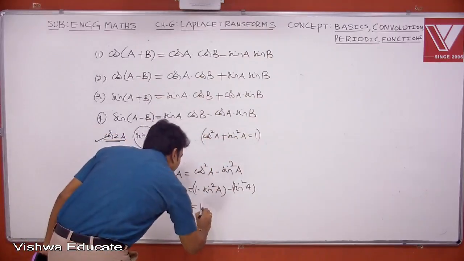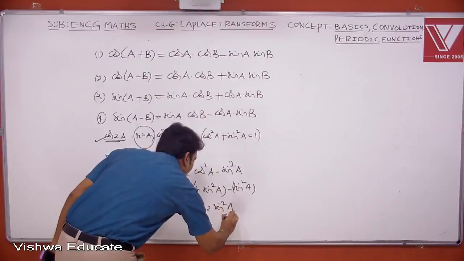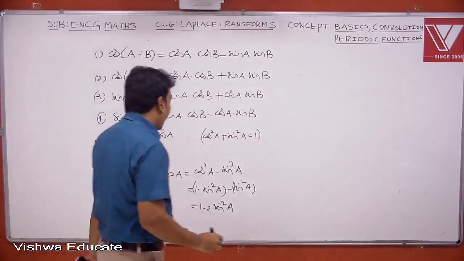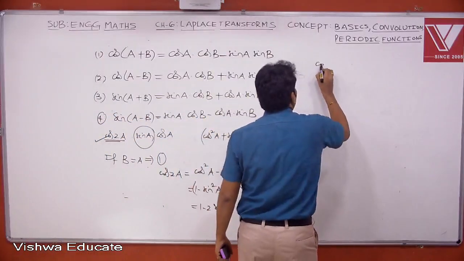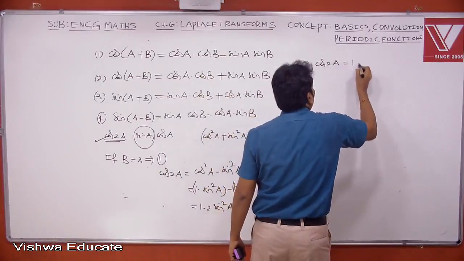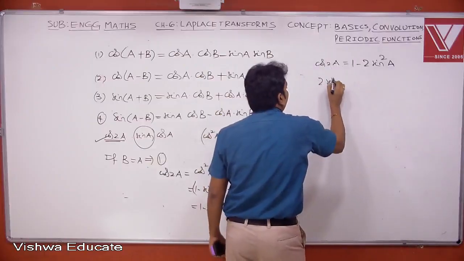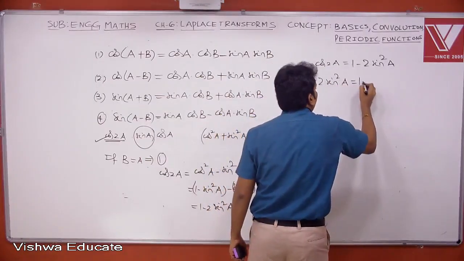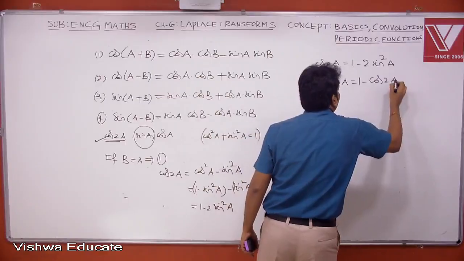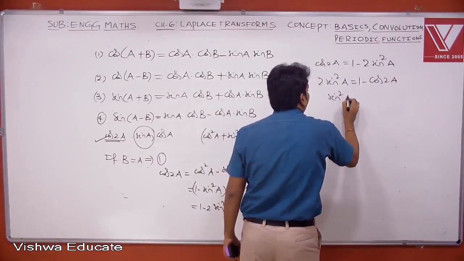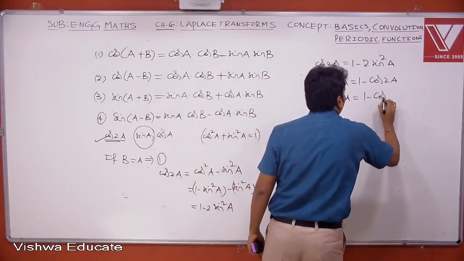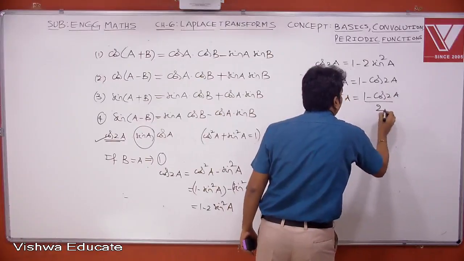Now this is 1 minus 2 sin square a. Therefore cos 2a equal to 1 minus 2 sin square a. So 2 sin square a equal to 1 minus cos 2a. Therefore sin square a equal to (1 minus cos 2a) divided by 2.